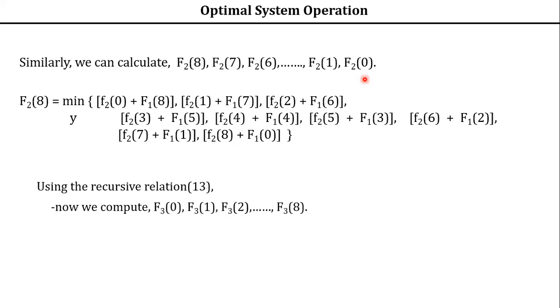For all the loads, you have to calculate it. And using the recursive relation, the same equation 13 that I have shown, now you have to compute for F3. The same thing you have to repeat for F3: F3 of 8, F3 of 7, F3 of 6, etc.